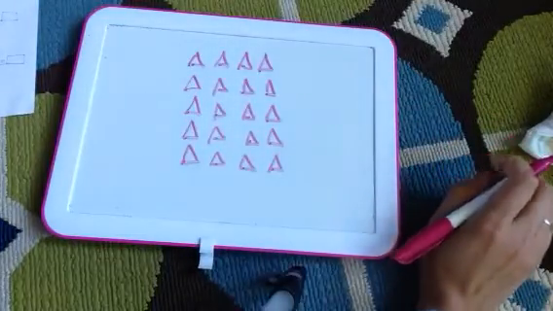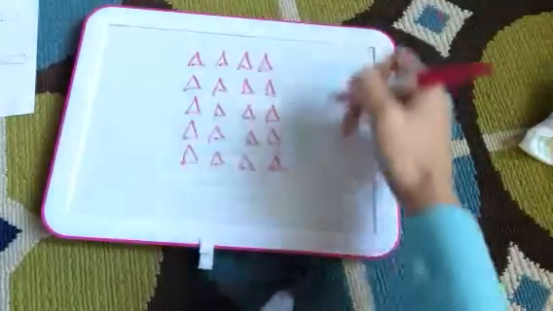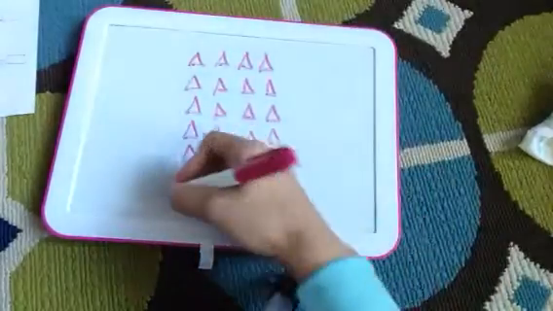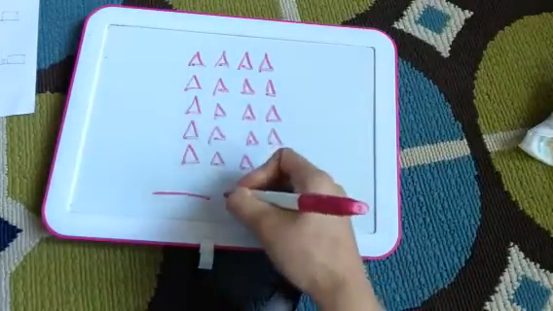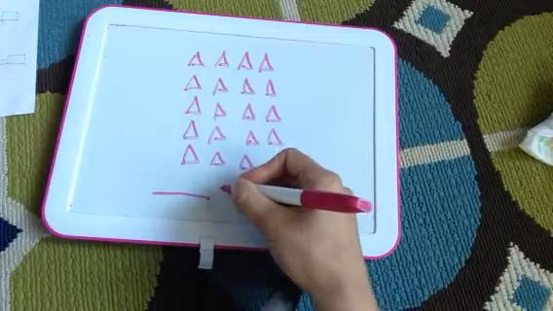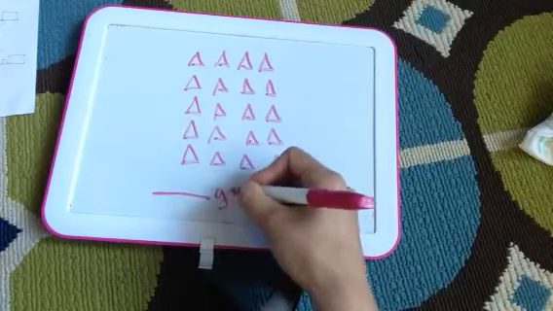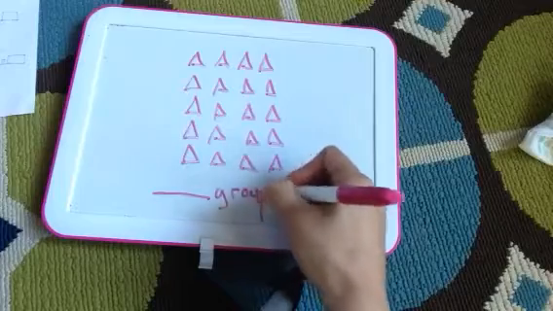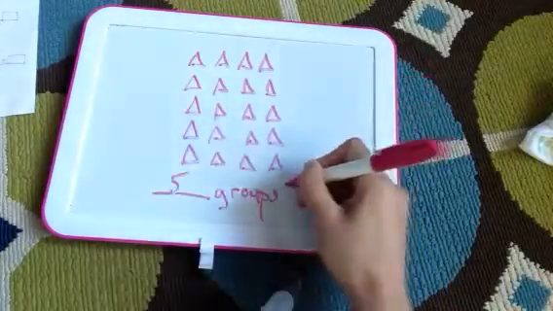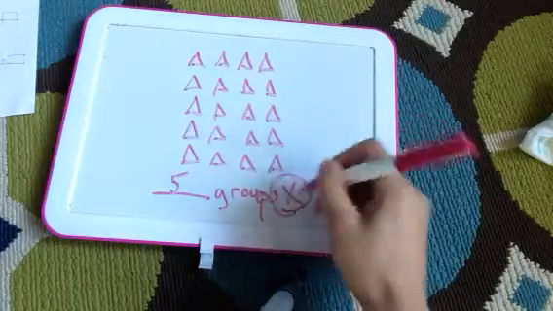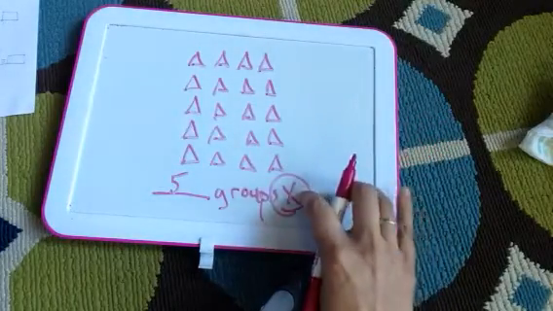And I am asked to write a multiplication equation for this particular array. I'm going to think to myself the number of groups. Okay, so 5 groups, 1, 2, 3, 4, 5 of, that's my multiplication symbol.